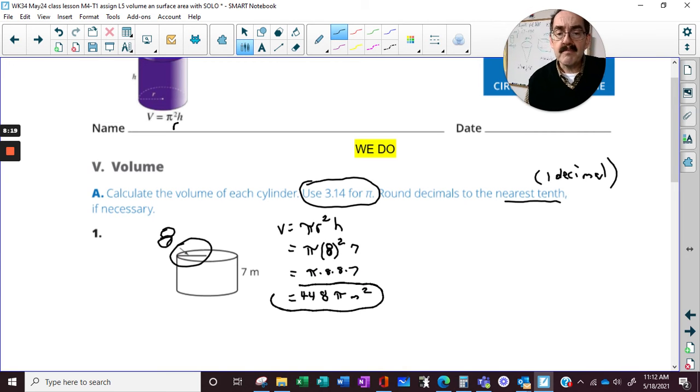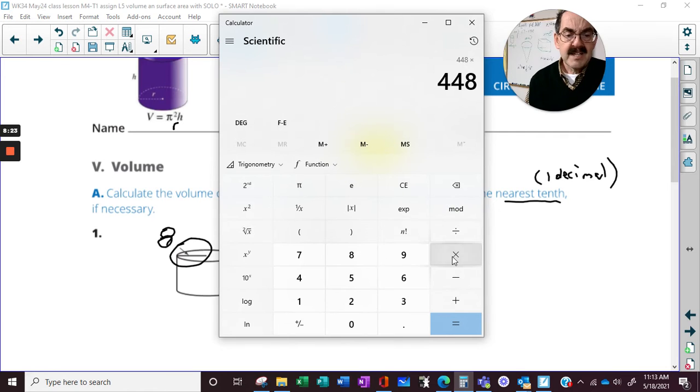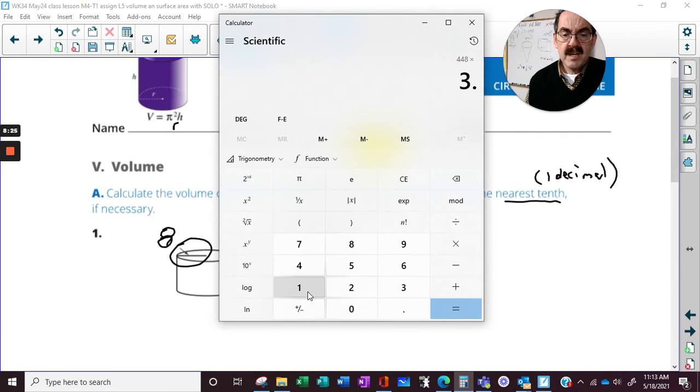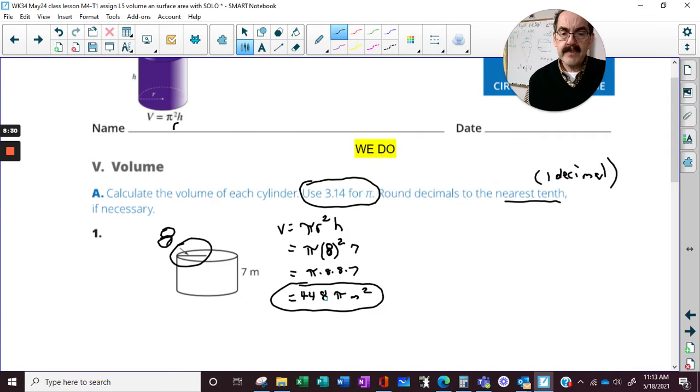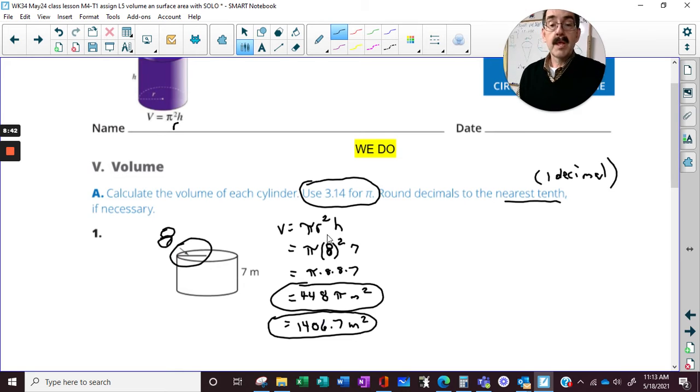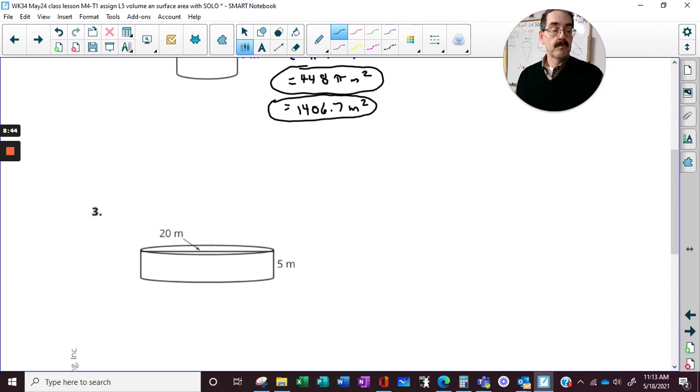Okay, make sure everybody gets that. Now it said to multiply times 3.14, which gives 1406.7 meters squared. Okay, that is also a correct answer. All right, now you try one. Pause the video and everybody go.